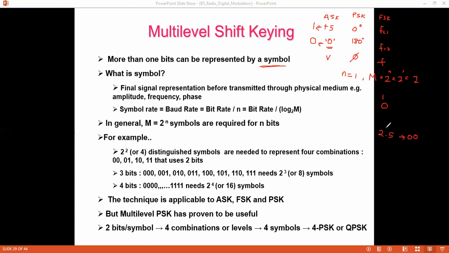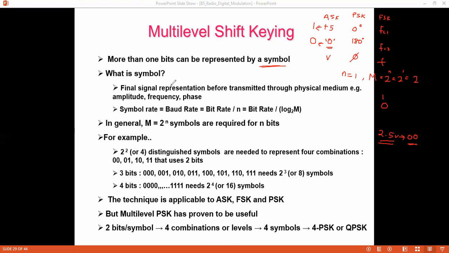So in this case, this one symbol of 2.5 volt, one voltage value, represents 2 bits. Okay, so by using this concept, we can make better use of bandwidth in a system.